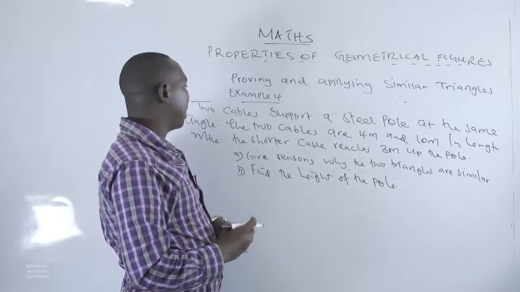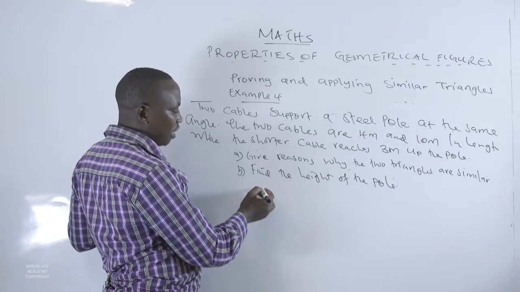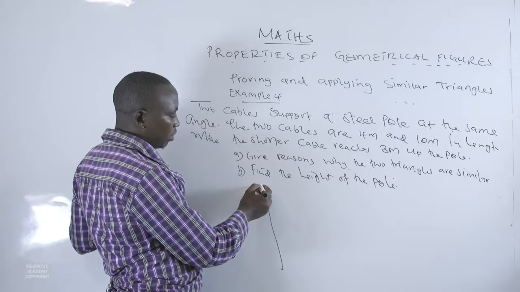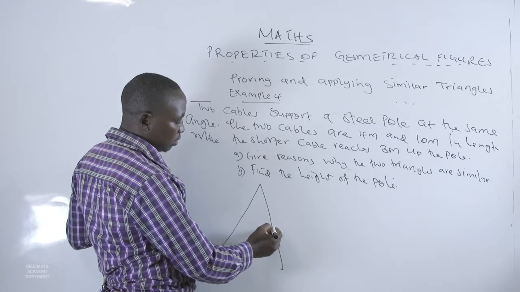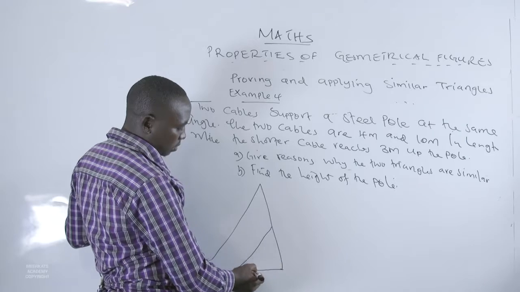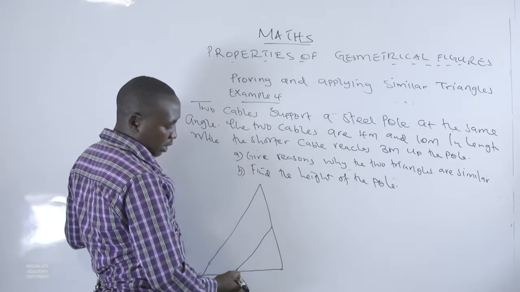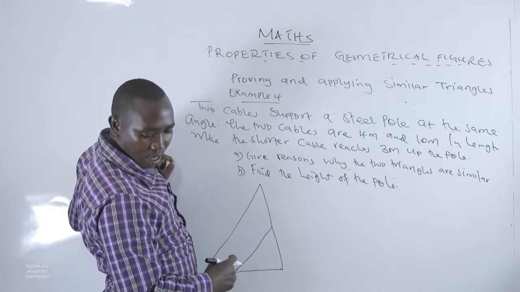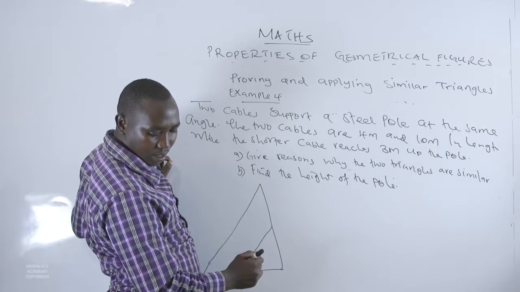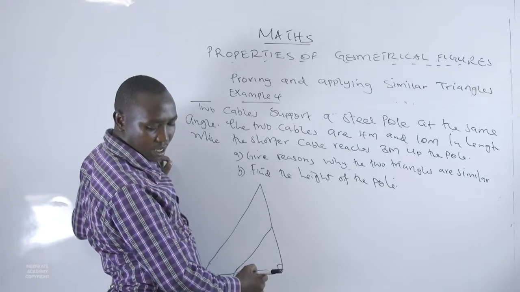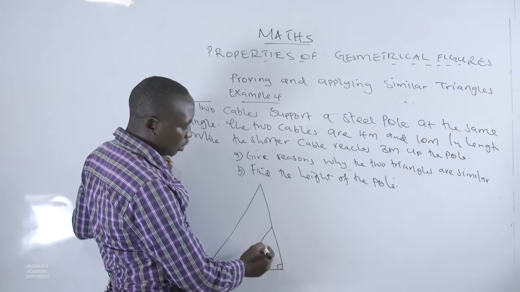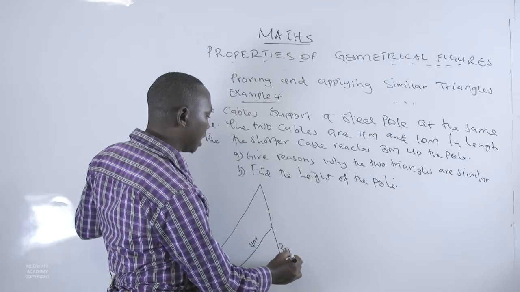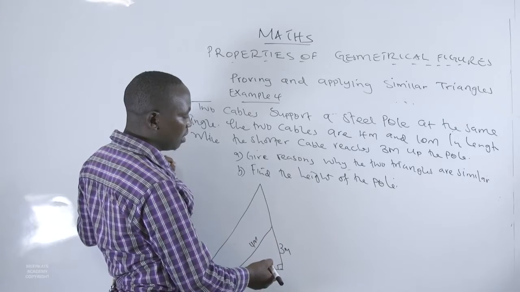Now in this particular case, we have a pole which we are told is supporting these 2 wire cables, and we are also told that this is going to be a right angle, and that this shorter cable, which is 4 meters in length, only reaches 3 meters up this particular pole.